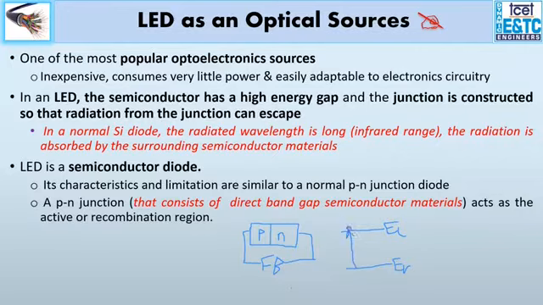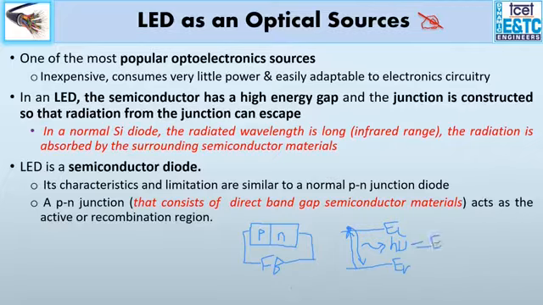Here they are not in an equilibrium condition, so they will immediately want to fall down. When they fall, they move from a higher energy state to a lower energy state, so energy will be released. This energy is in the form of a photon, or light, corresponding to an energy h nu, which is equivalent to Eg, the band gap.